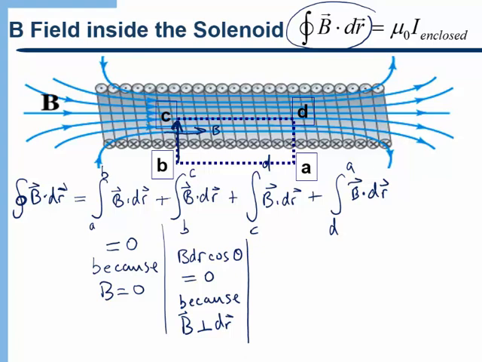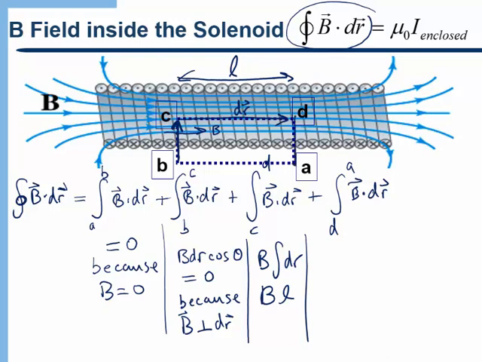Now from c to d, notice that we're going in the direction of the magnetic field. You'll also notice that the magnetic field is the same everywhere in there. So I just get B times the integral of dr, and that's just going to be the length of my path, which I'm going to call L. So that's the first non-zero contribution that I've gotten.